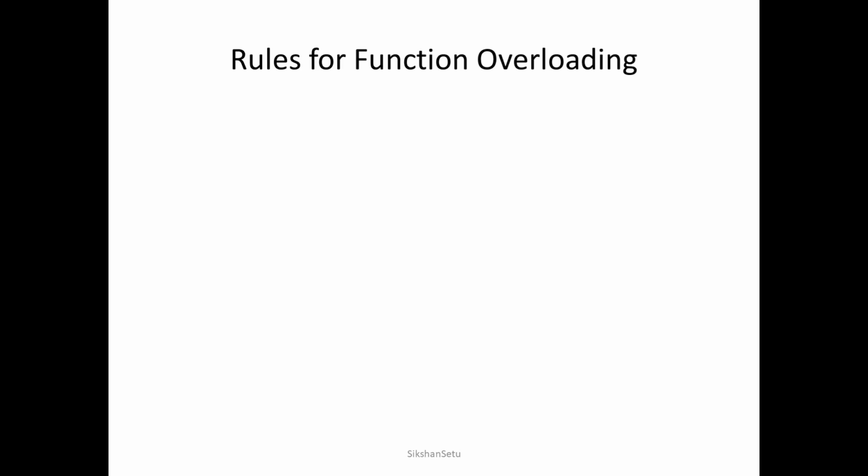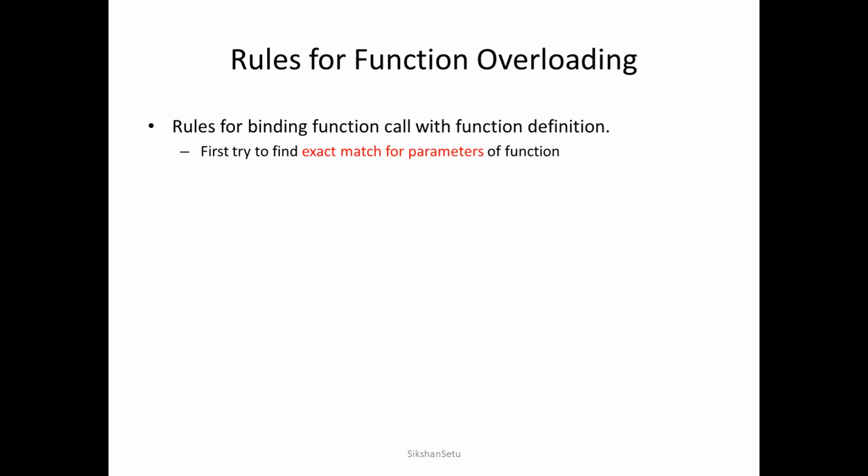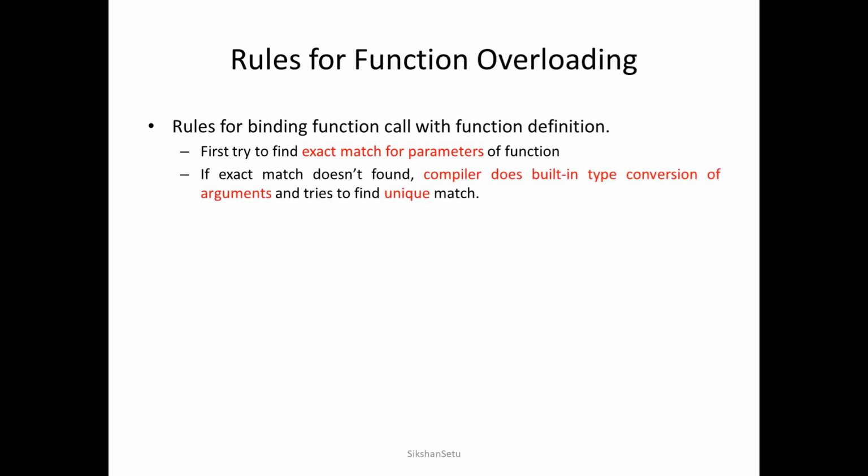But just to recollect, whenever a function call is bound with a function definition, the compiler follows the following steps. So what are those steps? First of all, the compiler will try to find the exact match for the parameters. If an exact match isn't found, then the compiler tries to convert arguments into other built-in types.